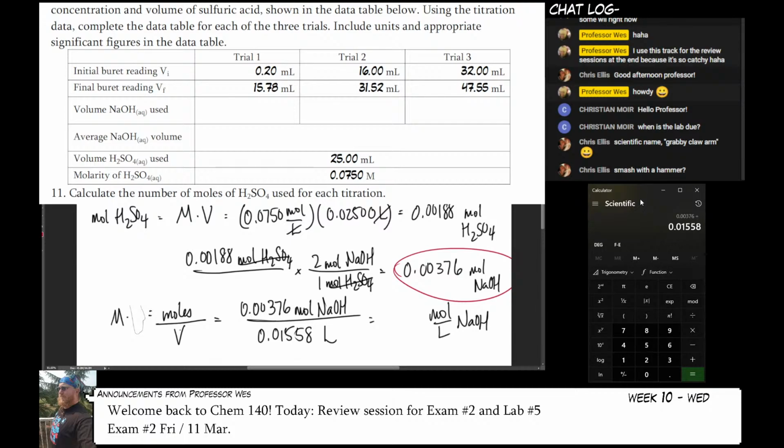Was it 0.200 or 0.250? 0.2, I think it's 0.200. And you'll notice that we're a little off here, which shows that it is actually very difficult to make these solutions accurately. So for trial 1, we calculated that based on the titration that we did, this is the molarity of the solution we had.